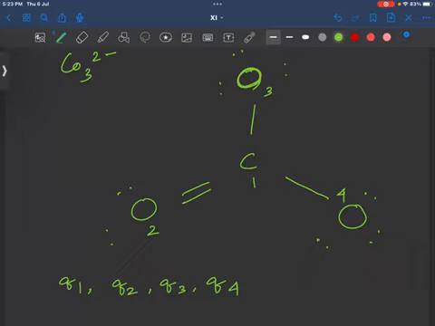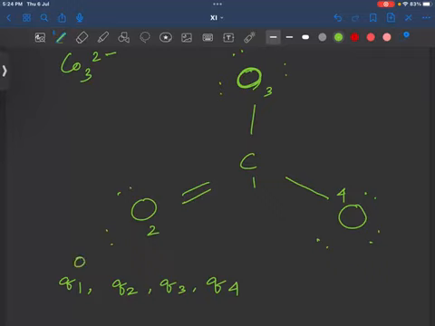How much did you get for Q1, Q2, Q3, Q4? C1 formal charge is 0.